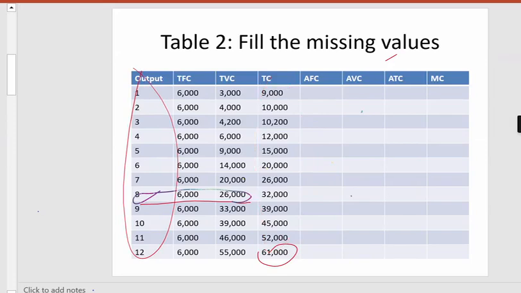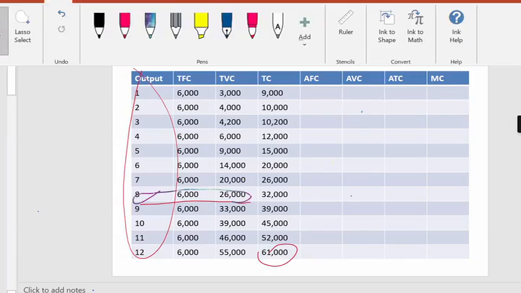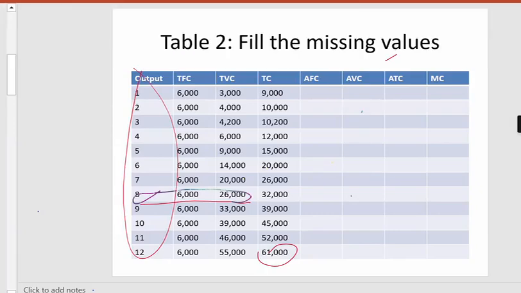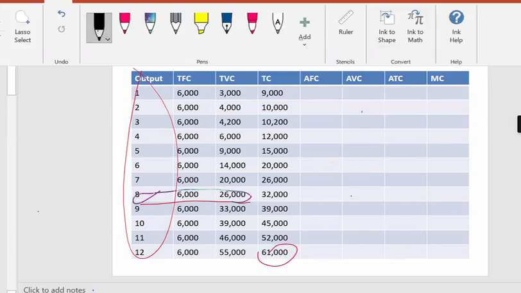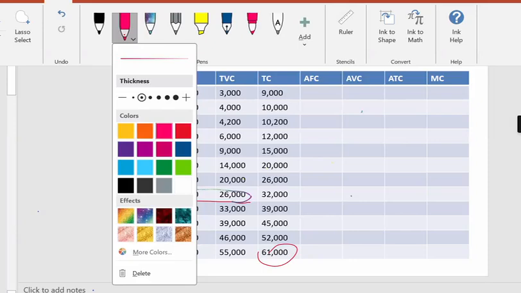From 9,000 to 10,000, you get how much? 1,000. 1,000 gawanya kwa 1, itakuwa ni 1,000.